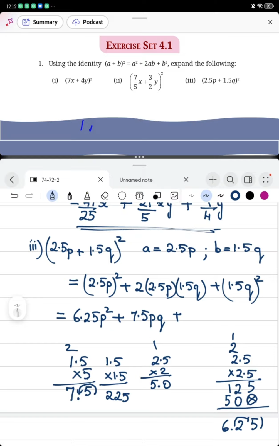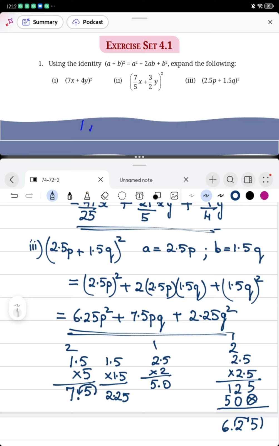By grade 9, you should know the squares up to 25. So please learn those squares. So 1.5 into 1.5 is 225. Then 2 decimal places, so we put it here. So the answer is 2.25 Q square. This is the expanded form of the identity.